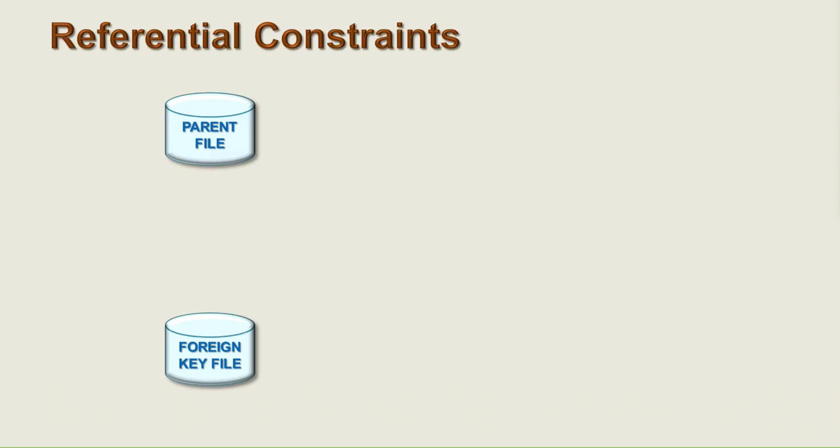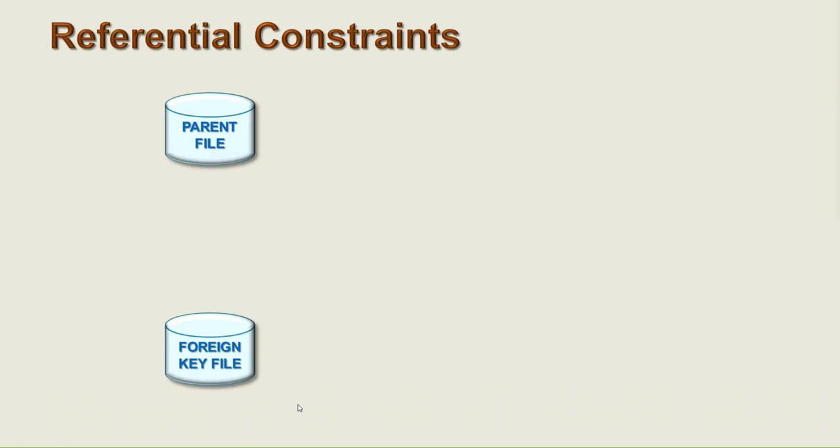Now, a referential constraint joins a parent file to what IBM calls a foreign key file. I have to use that word because that's the one they use in all their documentation.